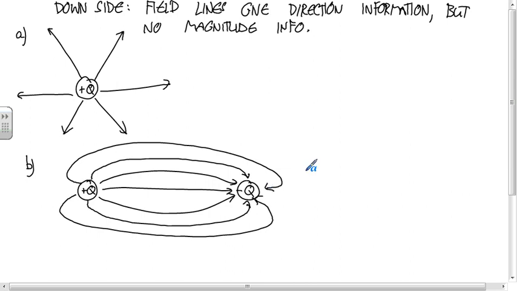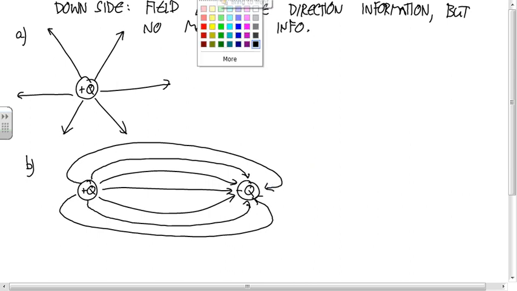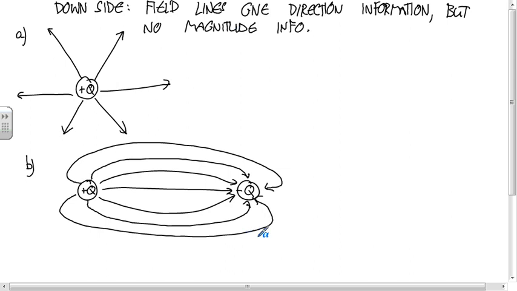And so say you wanted to know what the direction was of the electric field vector here. Well, it's tangent to this curve, so it has to be like that. Okay, so these field lines give you all the directional information, but again, they don't give you any magnitude information of those E vectors. You don't know how strong it is at that point, you just know the direction.